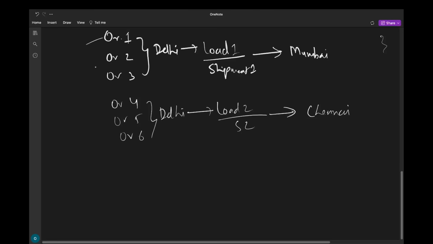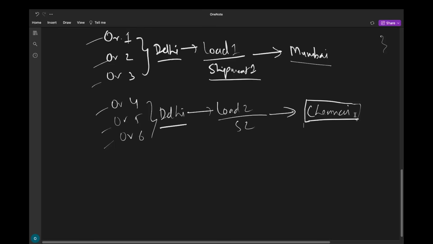Instead of sending 6 individual shipments, we have sent only 2 shipments because all 6 orders were from Delhi, but 3 of the orders were required to go to Mumbai, so we created 1 shipment for that, and another 3 were required to go to Chennai, so we created another shipment for that.